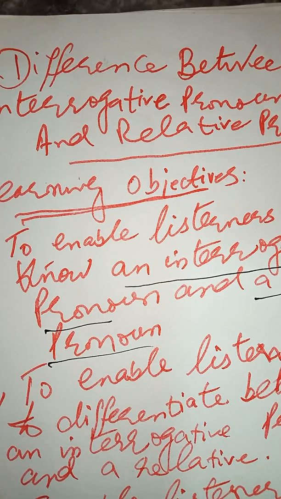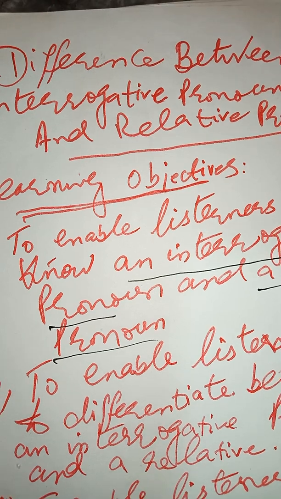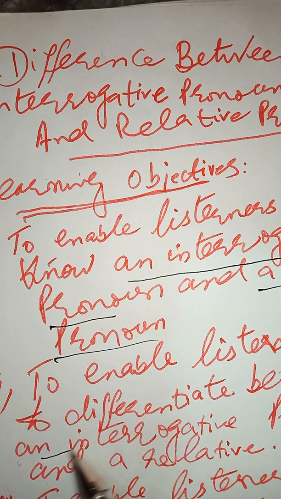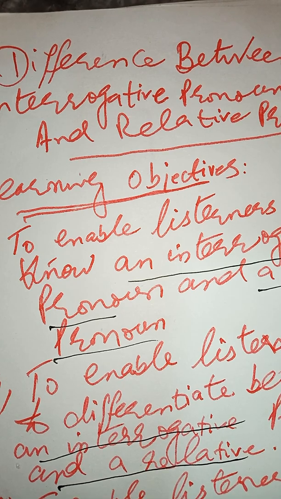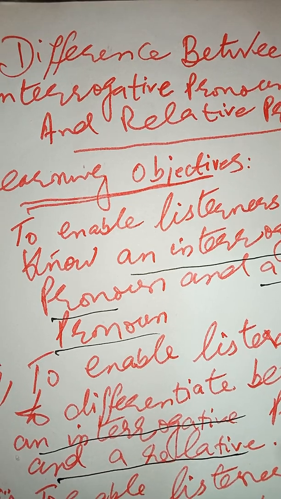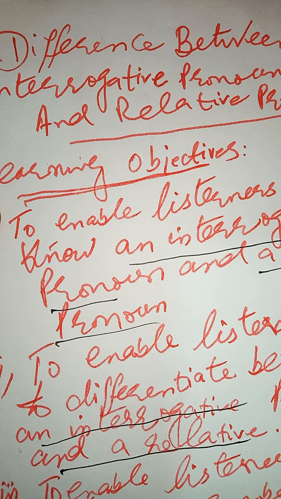Number 2, at the end of the video, our listeners will be able to differentiate between an interrogative pronoun and a relative pronoun. What is the difference between the two? And number 3, our learning objective is to enable our listeners to remember it for a long time.